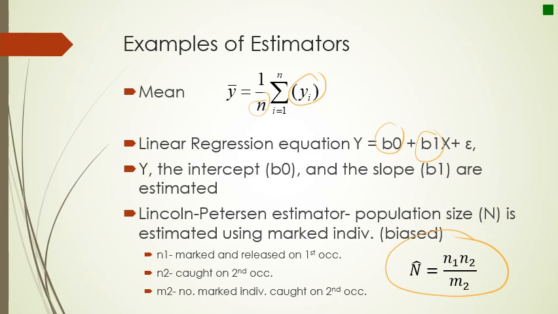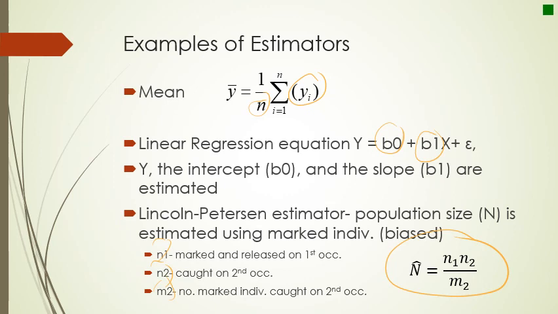Okay, so this is an example of a simple estimator where if you were to apply it without making any adjustments, your estimate of population size overall would be biased high. And we have, of course, N1, the number marked and released on the first occasion, N2, the number caught on the second occasion, and M2, the number of marked individuals caught on the second occasion.